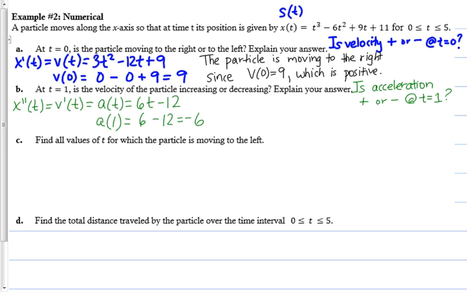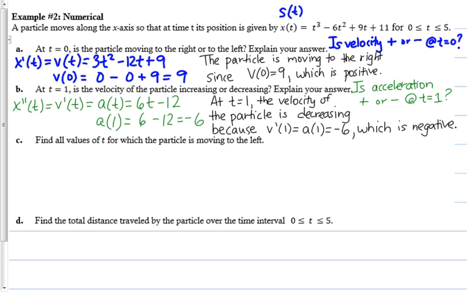So I'll write out my explanation now. So there's my explanation. At t equals 1, the velocity of the particle is decreasing because v prime of 1, which equals a of 1, equals negative 6, which is negative. I know, redundant, but just in case. Because you do have to do explanations on FRQs, and these are valid explanations.